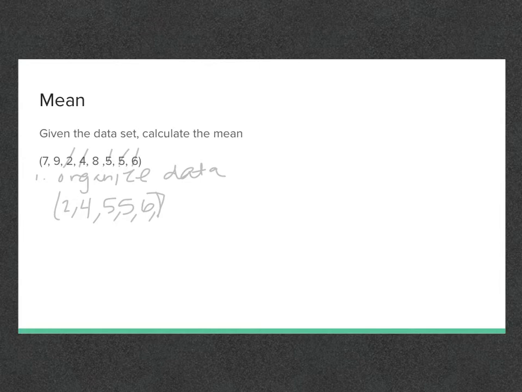That would be a 7, and then I have an 8 and a 9. Now when I calculate my mean, I want to find the sum of all my numbers. So the sum of my values.